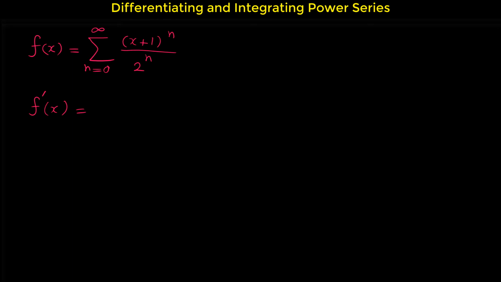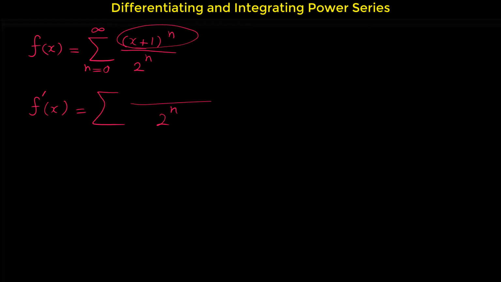For finding f prime of x, we have to differentiate the general term of this power series. For differentiating (x plus 1) to the n over 2 to the n, note that 2 to the n is a coefficient, a constant. So we write 2 to the n, and we just take the derivative of the part that has the variable x.